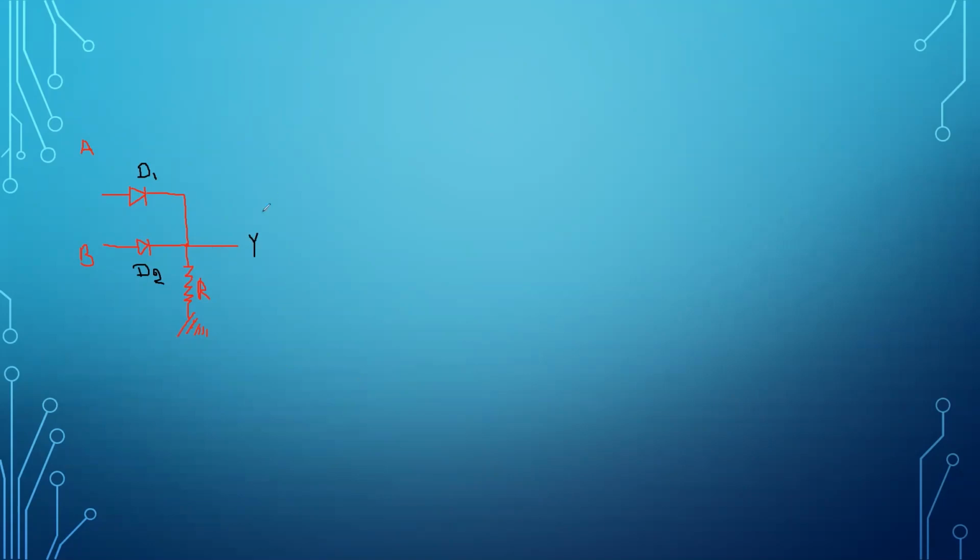It has 2 diodes, which I am naming D1 and D2. And these inputs are A and B, and Y is the output. Here we have a resistance called R, and the resistance is connected to ground.